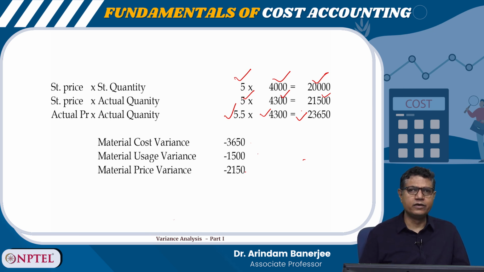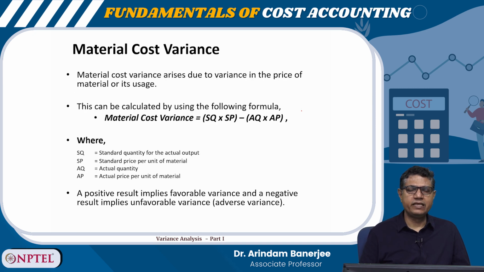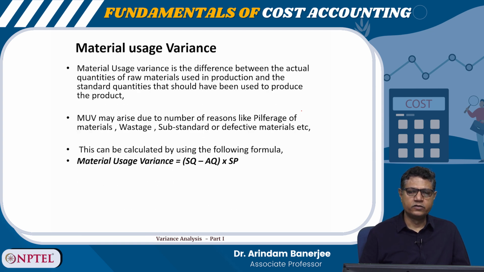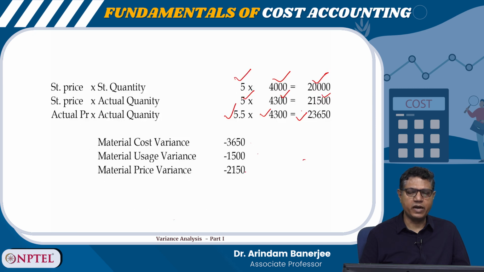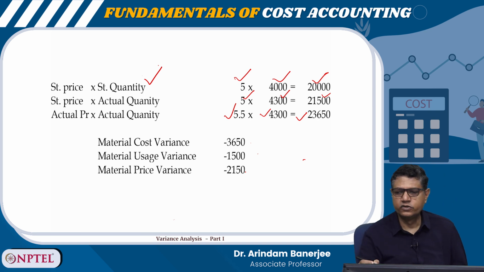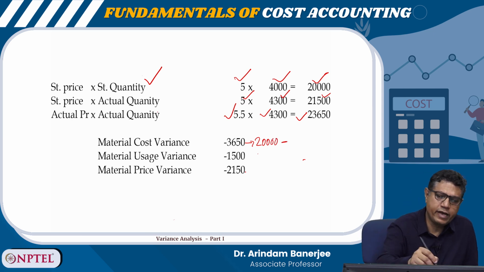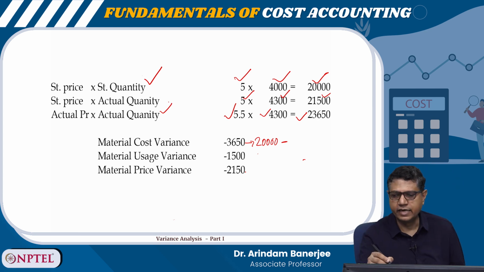If you go back to the formula, material cost variance is standard quantity into standard price minus actual quantity into actual price. Standard quantity into standard price is 20,000, minus actual quantity into actual price, which is 23,650.